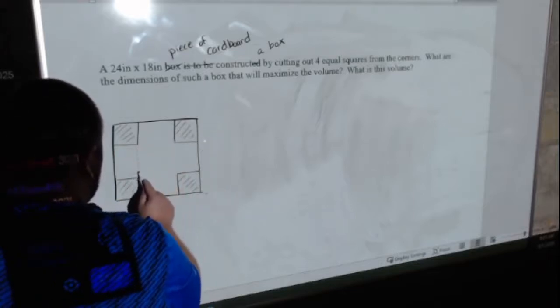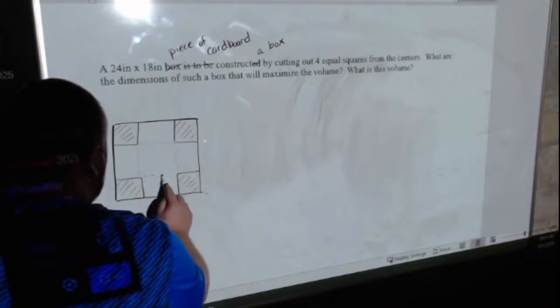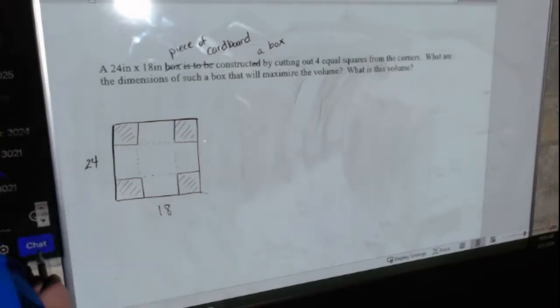If you fold on these creases, that would create a box without a lid.